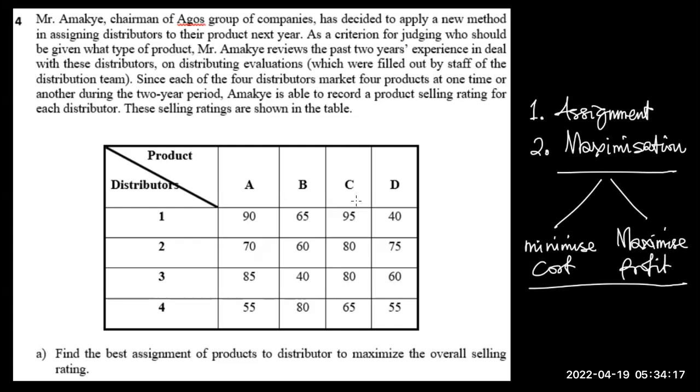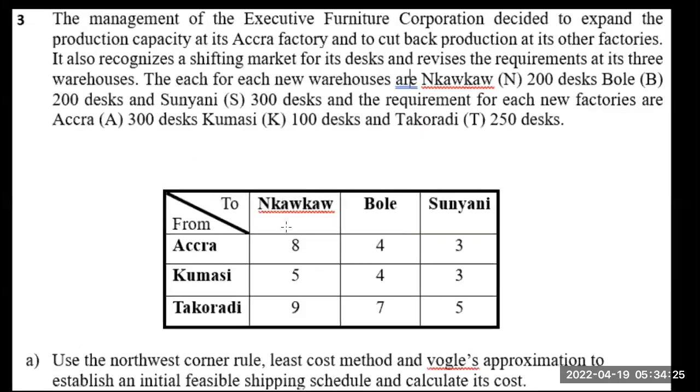In assignment, you may be given costs or ratings, whether profit or whatever, and nothing else. But like this one was transportation, we're given demand and supply in addition, the extra information apart from the table.